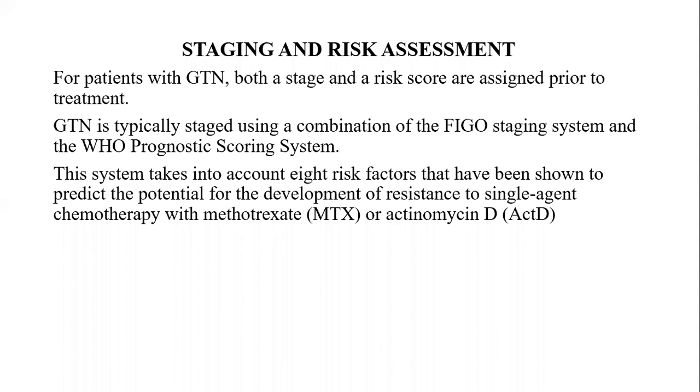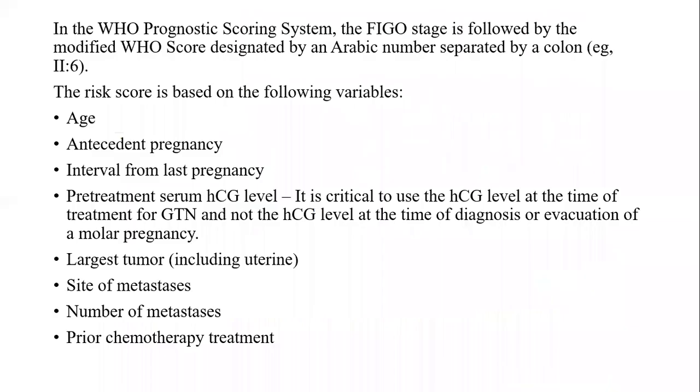The WHO prognostic scoring system usually takes into account about 8 risk factors that have been shown to predict the potential for development of resistance to single agent chemotherapy with methotrexate and actinomycin D. So these are some of the risk factors which are usually used for scoring. One of them is age. The second one is antecedent pregnancy, interval from the last pregnancy. The pretreatment serum HCG.